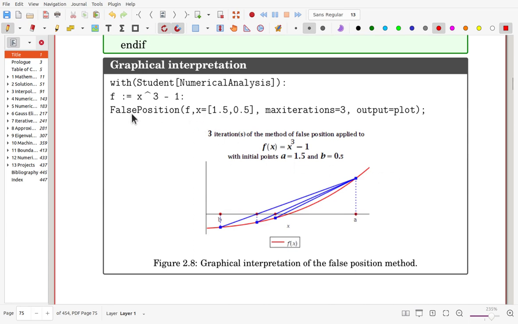Here for that function, we start with P0, and this is P1. Now P2 is obtained simply by connecting these two points and taking the x-intercept.